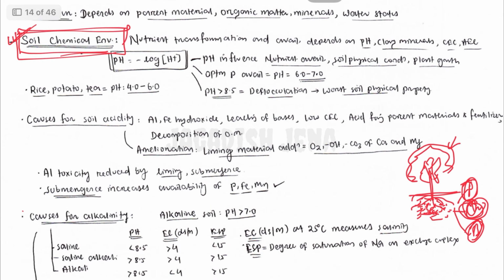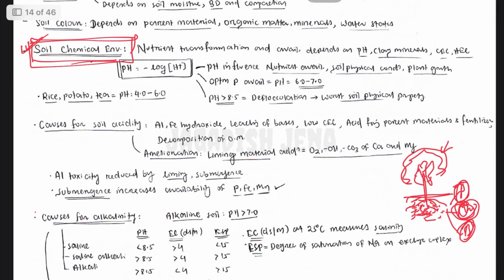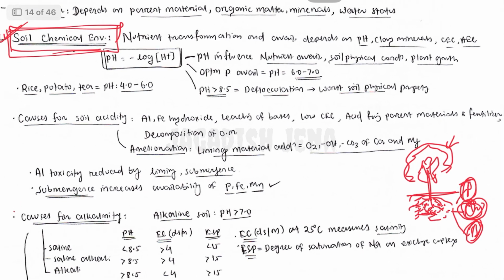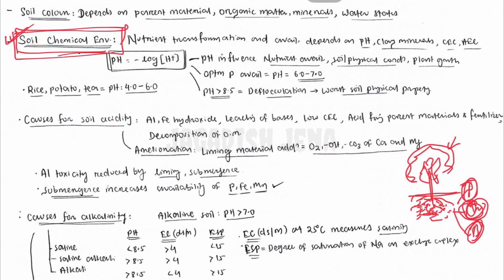Now let's discuss in brief what the soil chemical environment is and how it affects plant growth and development. The chemical environment comprises nutrient transformation and availability of different nutrients, and these are affected by soil pH or soil reaction, that is hydrogen ion concentration.